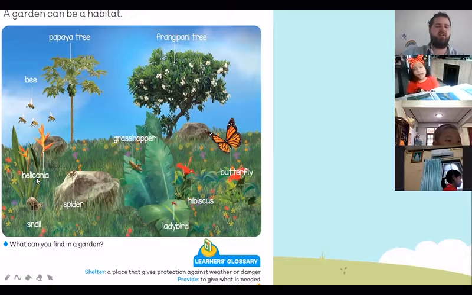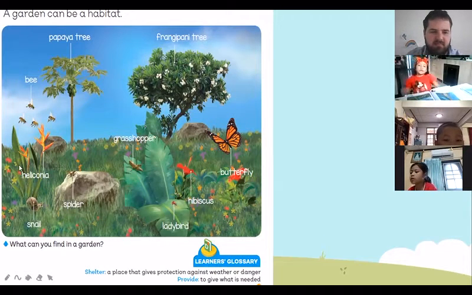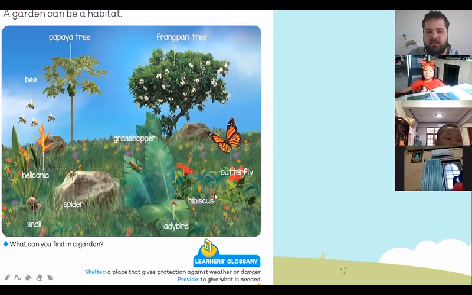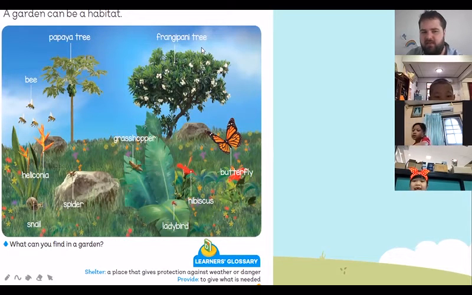Heliconia. So let's go over our plants one more time. So over here we have the heliconia. It's a very hard one. Next we have the hibiscus. And then we have our papaya tree and our frangipani tree.